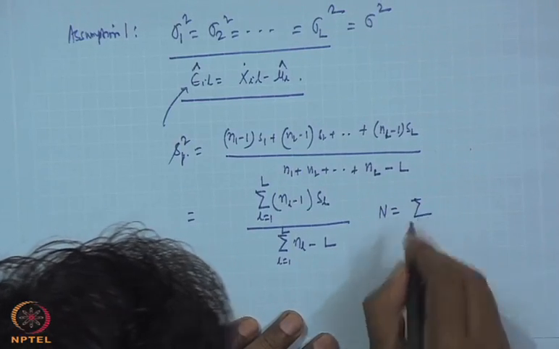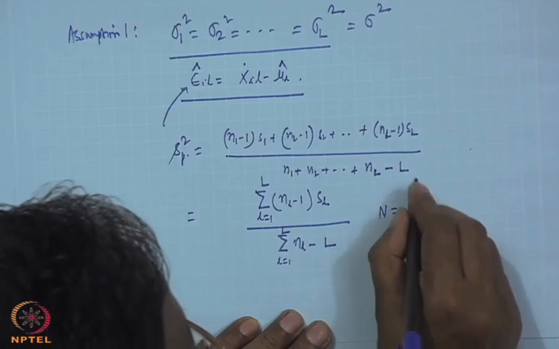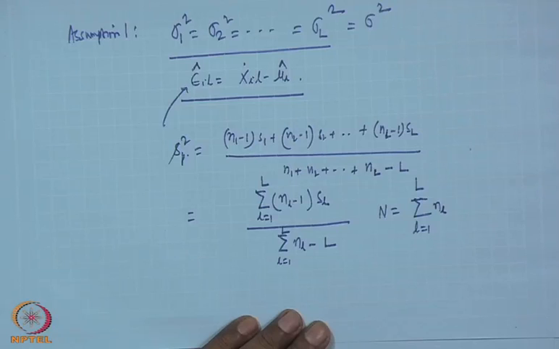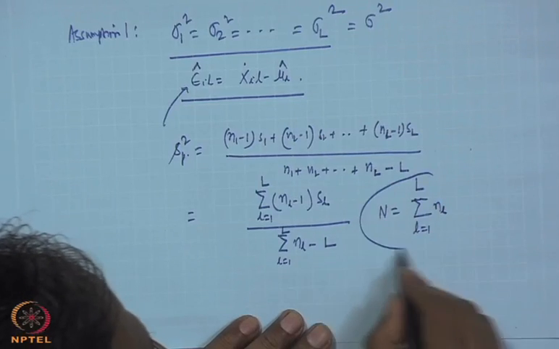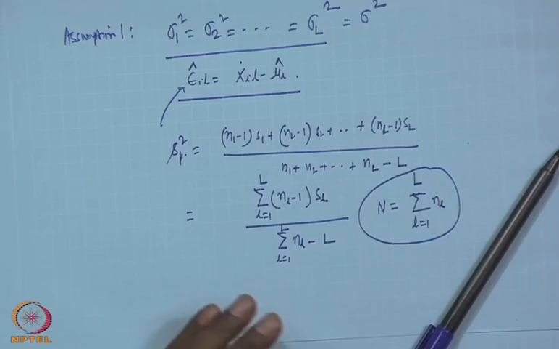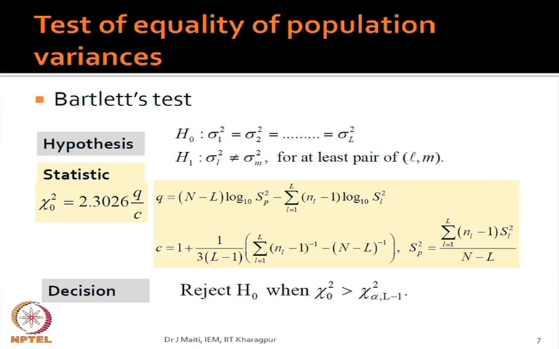Capital N is the sum over L equal to 1 to capital L of small n L. That means the total sample size from all the population. Although the total sample size is not that meaningful, from every population you collected a certain sample of some size, and that totality we are talking about.